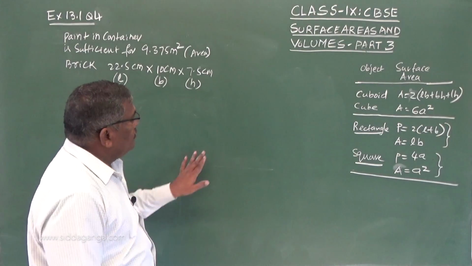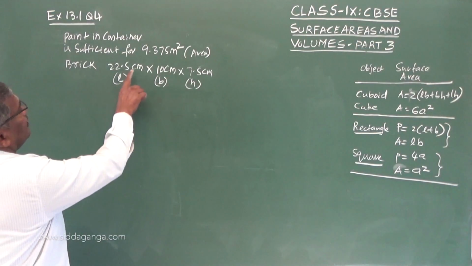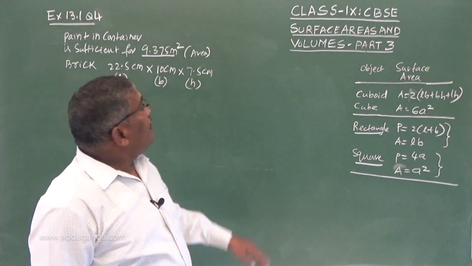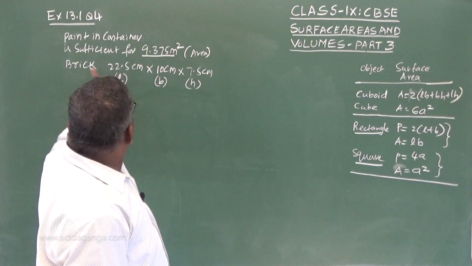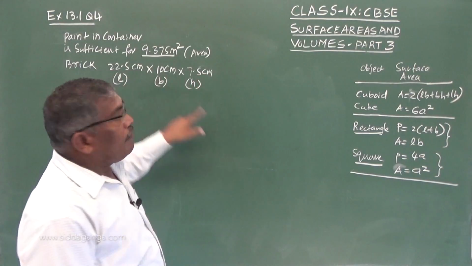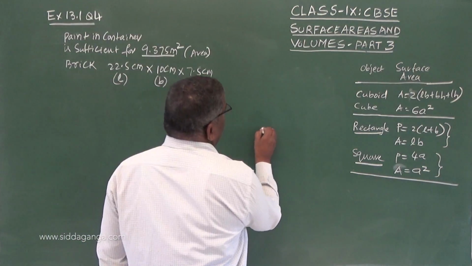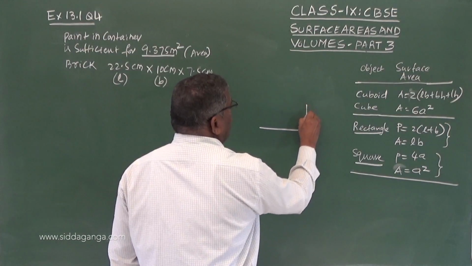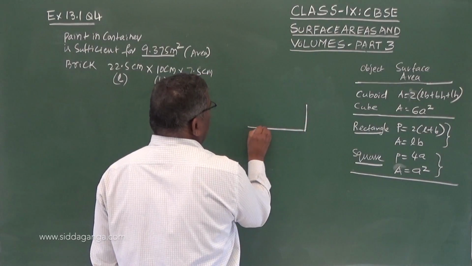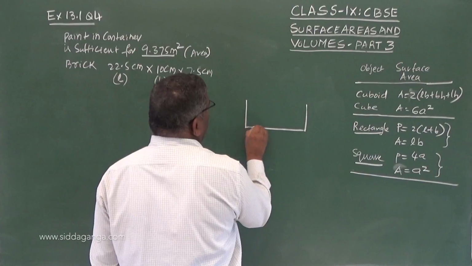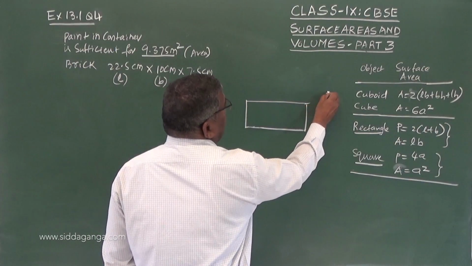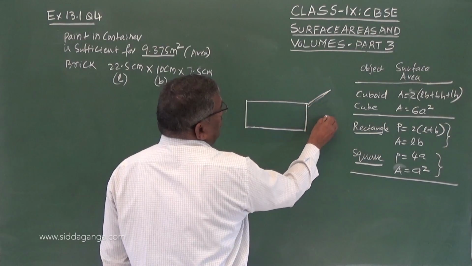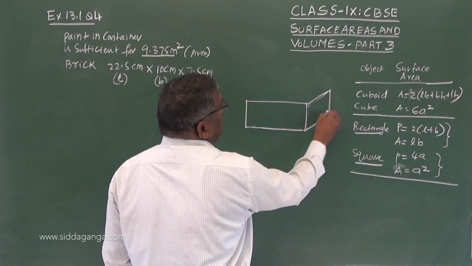Now, see, first we know this larger area, that is, the paint can cover 9.375 square meter. Let us calculate the surface area of the brick. So this is the brick size.